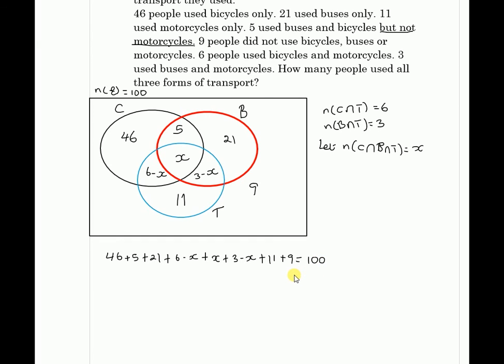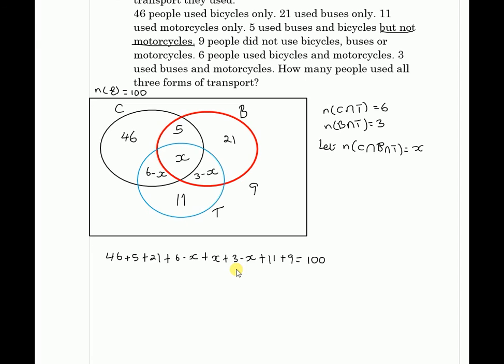Now when I add 46 plus 5, that is 51, plus 21, 72, plus 6, 78. 78 plus 3 is 81.